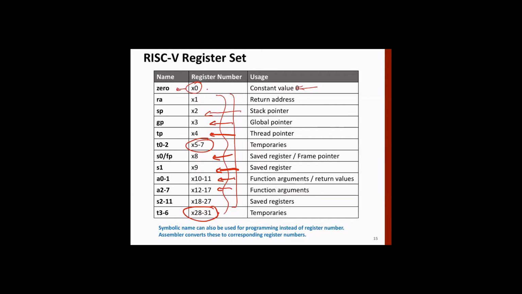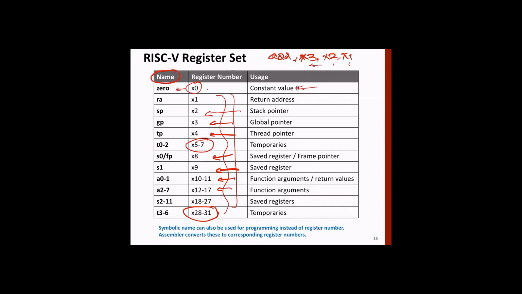Now when we say add X3, X2, X1, it means the contents of X1 and X2 are added and moved into X3. Instead of this X notation, we can in general use some kind of name.